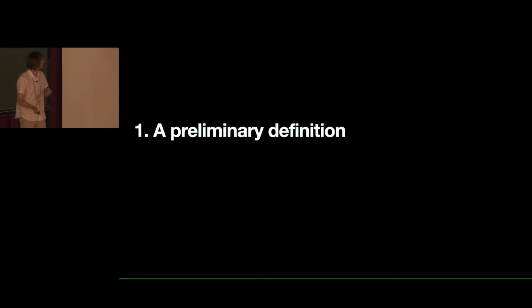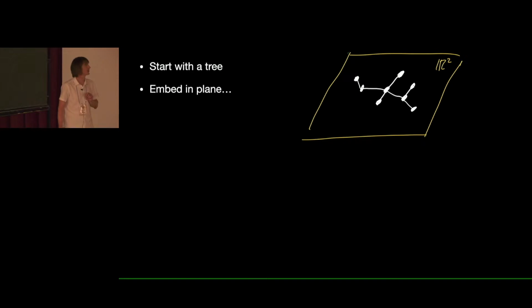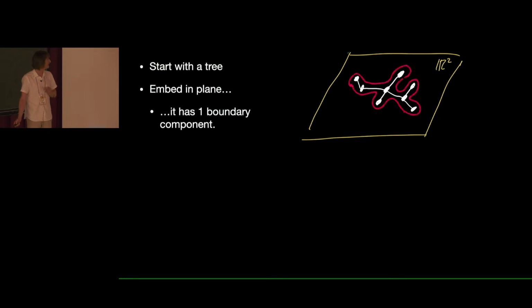Okay, so where are we? I'm going to start off nice and simple, because we all need to get topped up in coffee. So I'm going to start off with a tree. I've got a tree up there, and I'm going to pop it in the plane. And I can make some rather straightforward observations about this, in that this tree has exactly one boundary component.